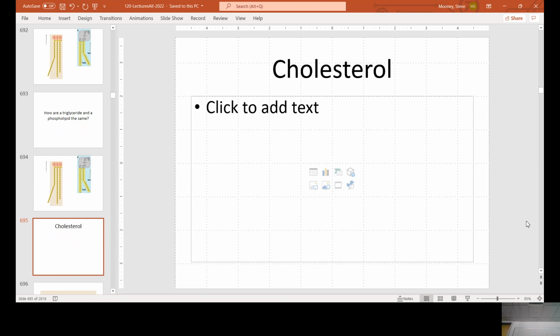So cholesterol, an essential molecule to the body, used to make a lot of different things, to help with a lot of different things in the body. Your liver will, as a human, create about 5 grams of cholesterol a day.